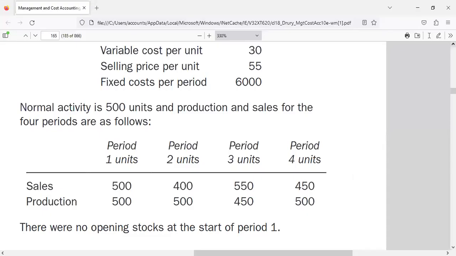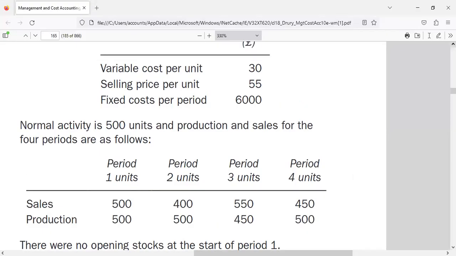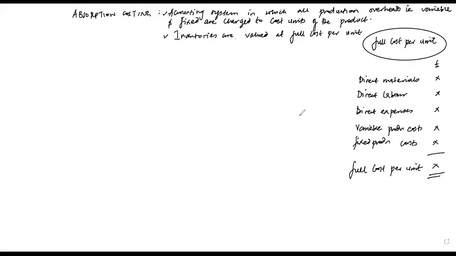Remember, you've been given the variable cost per unit. Then you also have the fixed cost per period. Normal activity is 500 units. Now to arrive at your full cost per unit, of course, we have said that we have to get all the variable plus the fixed production overheads.